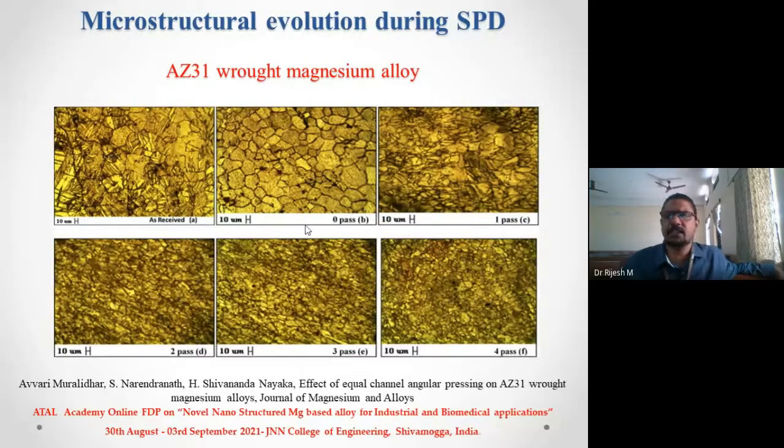Plenty of dislocations. See, this is nothing but strengthening by dislocation density. Your dislocation density goes on increasing. And you go for a third pass again, and you go for a fourth pass. You can get some finer grains, and these grains didn't grow because the temperature was not that high for them to grow.